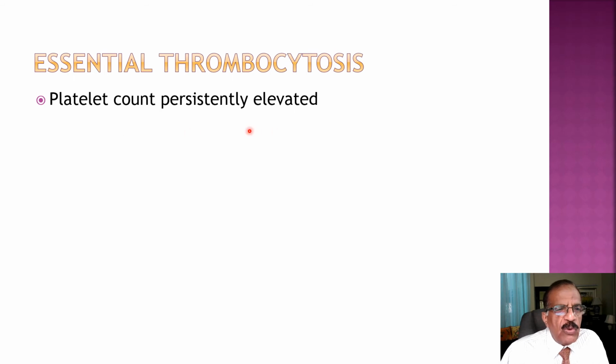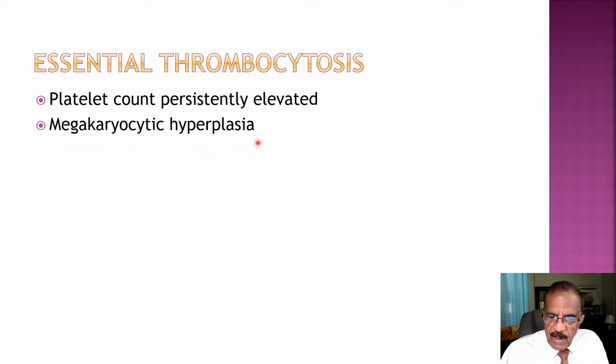So we note down the count and may not take any further action. Megakaryocytic hyperplasia, if you do a bone marrow; megakaryocytes are precursors of platelets, so they would be hyperplastic and you may see too many and too big megakaryocytes. Then, just like the other condition, they could have conversion to another myeloproliferative disorder, so you have to be watchful.